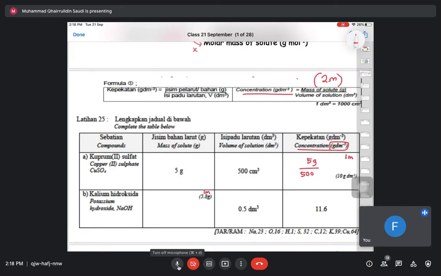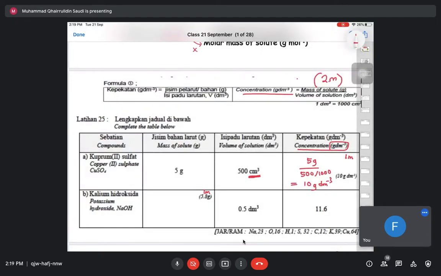The volume of the solution is in centimeter cube, so what should you do first? Good, change it to decimeter cube. You divide it by 1000 and you will get 10 gram per dm cube.